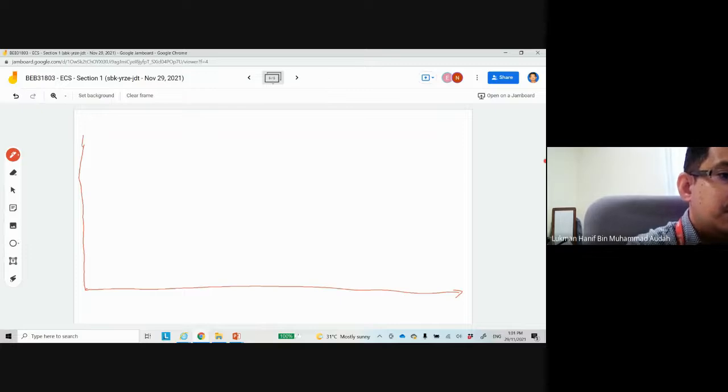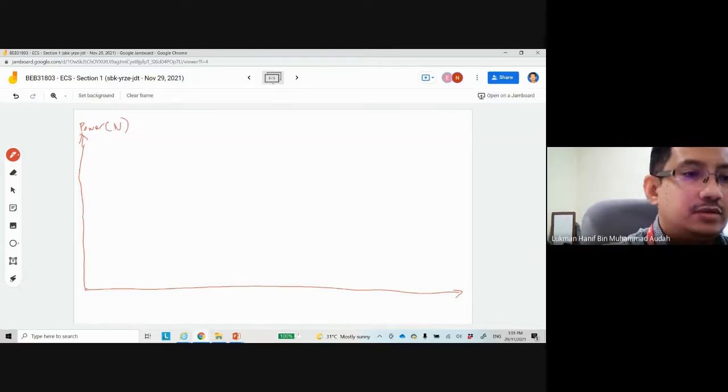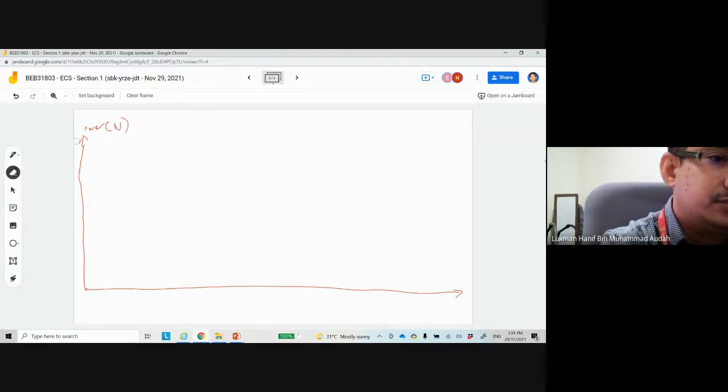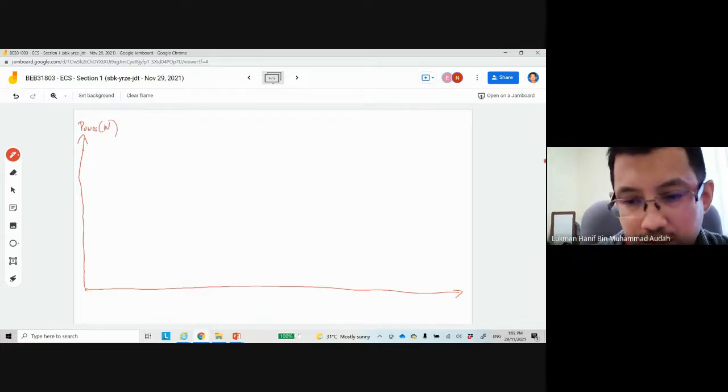So this is power in watt dan F in megahertz.